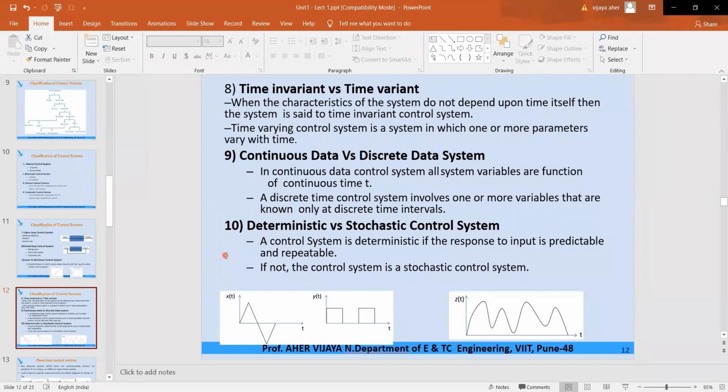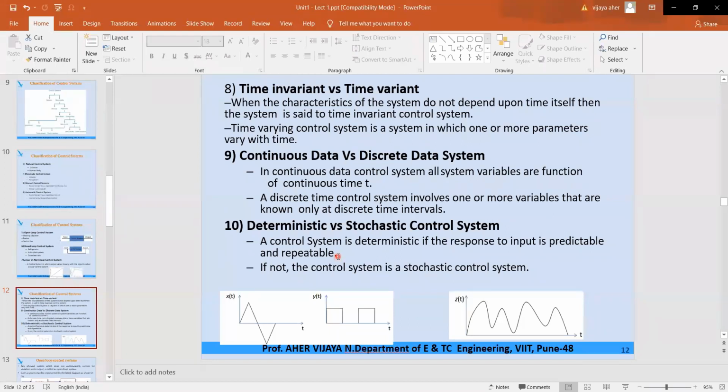Next category is deterministic versus stochastic control system. A control system is deterministic if the response to input is predictable and repeatable. If you analyze a deterministic control system, you can model the system.